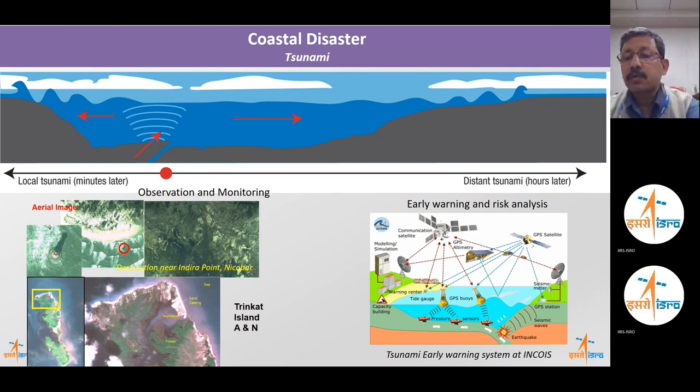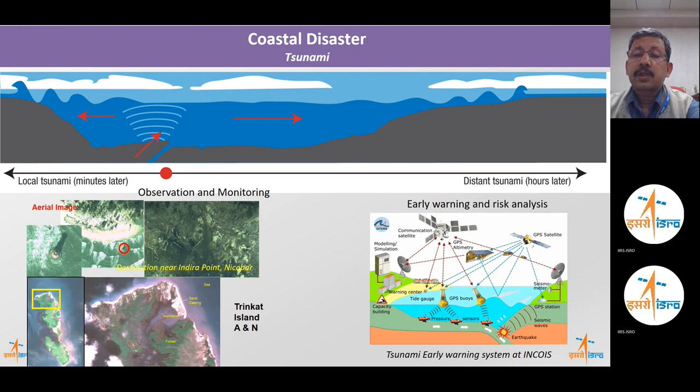So we have a tsunami early warning system at IIRS, which basically consists of a number of pressure sensors, which are installed at the bottom of the Bay of Bengal. Mostly these pressure sensors are along the various faults and the ridges.